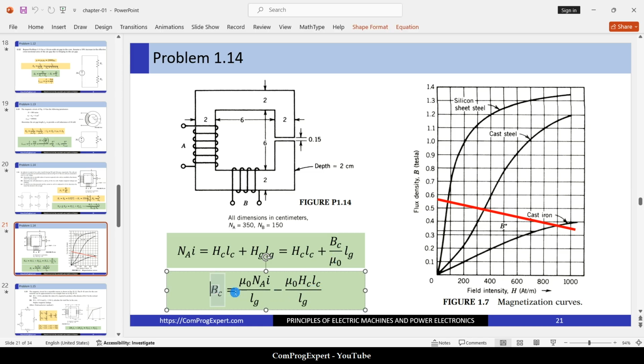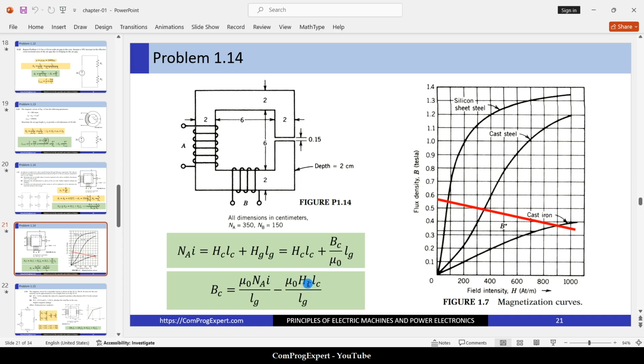This is equation of a line like the example that we had in the chapter. This is equation of a line, this red line, and the operating point is the intersection of the BH curve of the cast steel with this load line. This is the operating point. We can calculate this operating point iteratively, right?